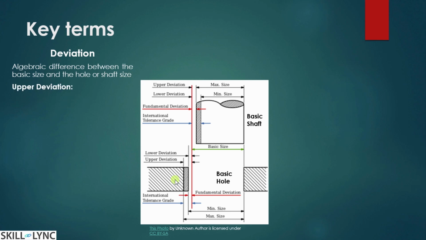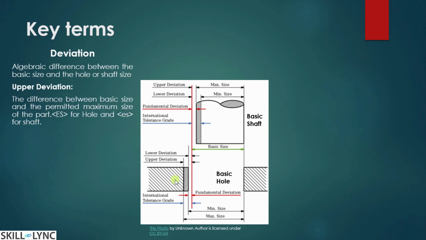So for upper deviation we say that it is the difference between this basic size and the permitted maximum size that is allowed, and that constitutes your upper deviation of this shaft, and it is denoted by ES in capitals for hole and in small letters for shaft.